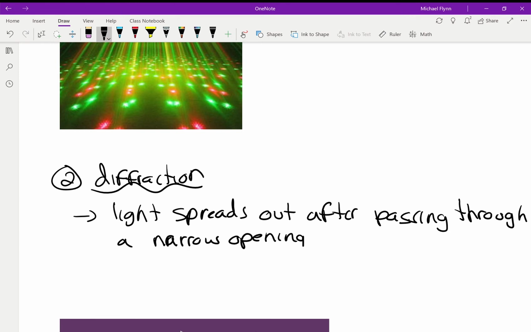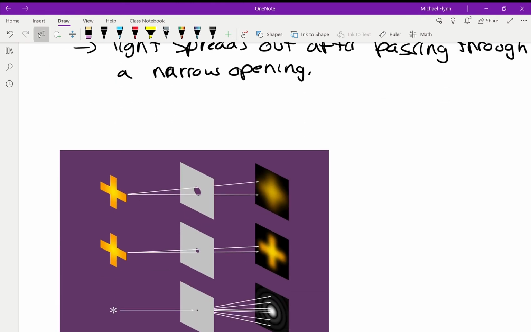This phenomenon is called diffraction, and here you can see it visualized. Here's the source of light, it looks like a sort of plus sign, and it's shining through this large hole that you see over here, and you get an image on the other side.